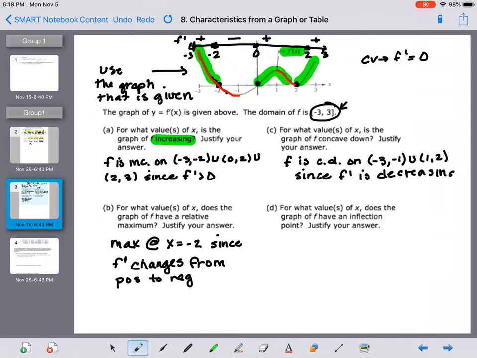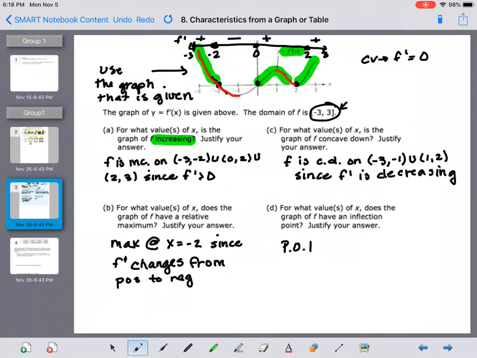Okay. We always want to try to use the graph that's given to us for our justification. So they gave us f prime, so I'm going to use f prime to describe the actual behavior. And then, of course, the last one says, at what values of x does the graph of f have an inflection point? So a POI.